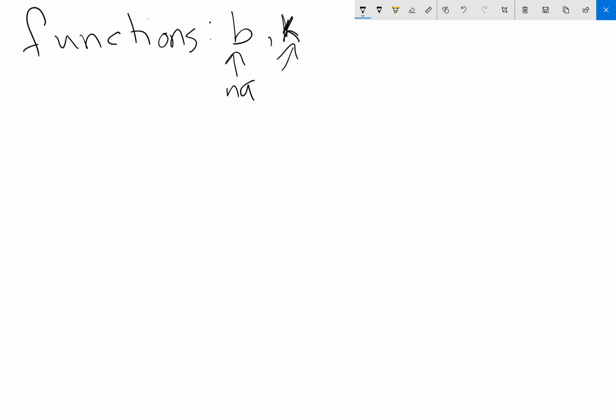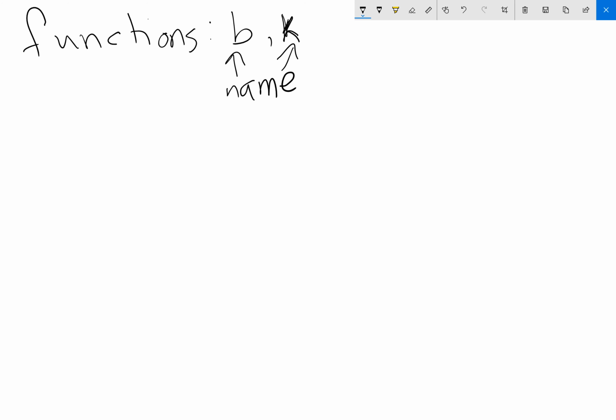Moving on to number 4, we have functions b and k. Now b and k, are they the output, input, or name? They are the names, not the output, okay?